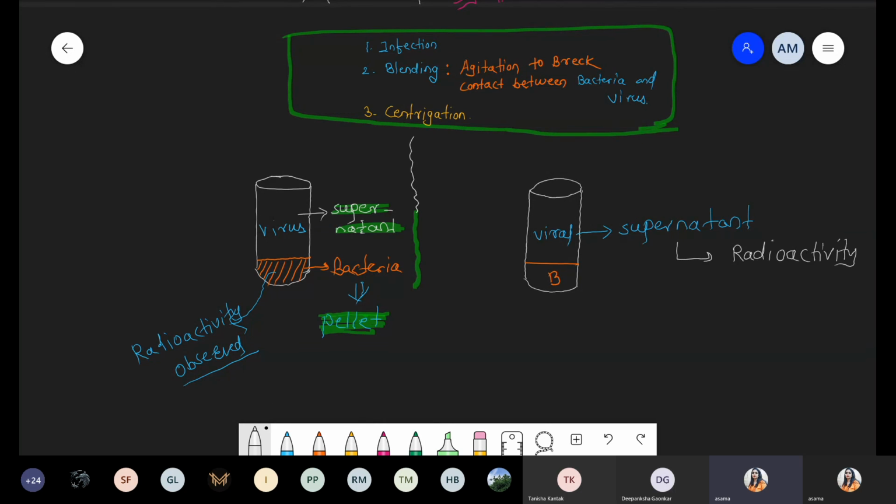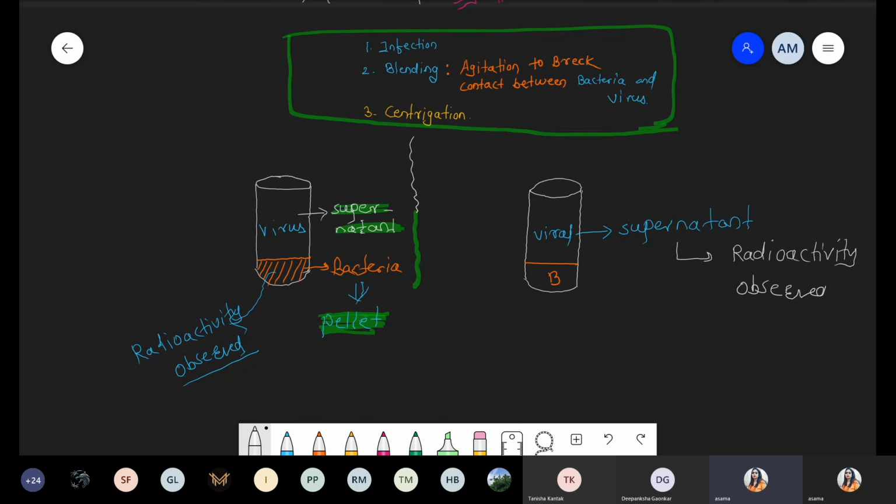Yes, it's true, because what happened during the infection? The entire capsid part remains outside the bacteria, because during the infection the virus just entered its genetic material and the whole body remains outside. So that's why that radioactivity is observed.